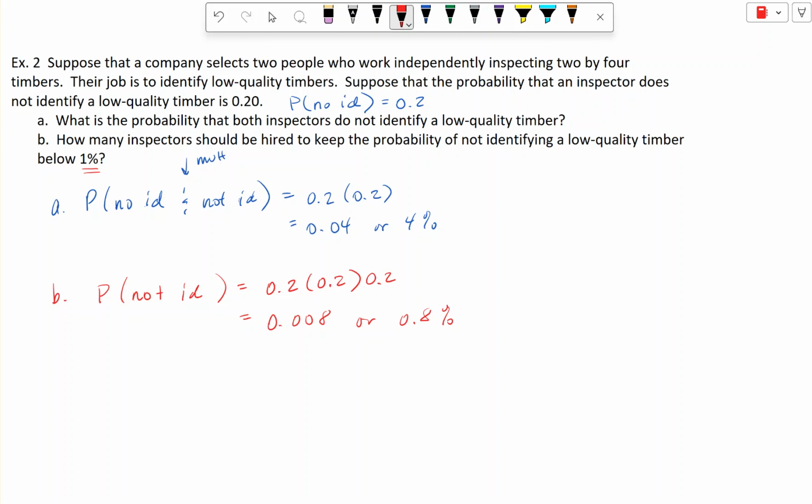And so they identified quality control for this company, let's say, was they didn't want to miss more than 1% of the products they were selling, because they were low quality. And so by just hiring one extra person, they're able to meet that threshold because it would be unusual for 3 inspectors at this company to miss that low quality timber or not identify that low quality timber.